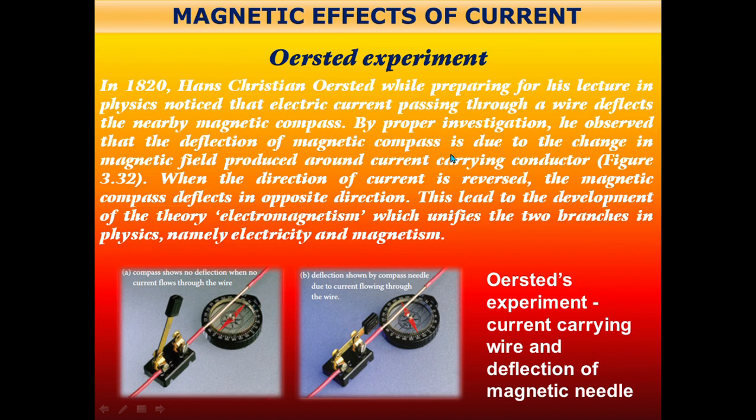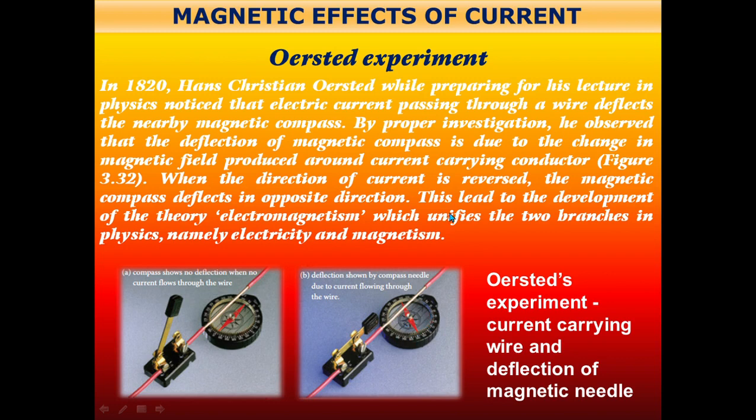When the direction of current is reversed, the magnetic compass deflects in the opposite direction.